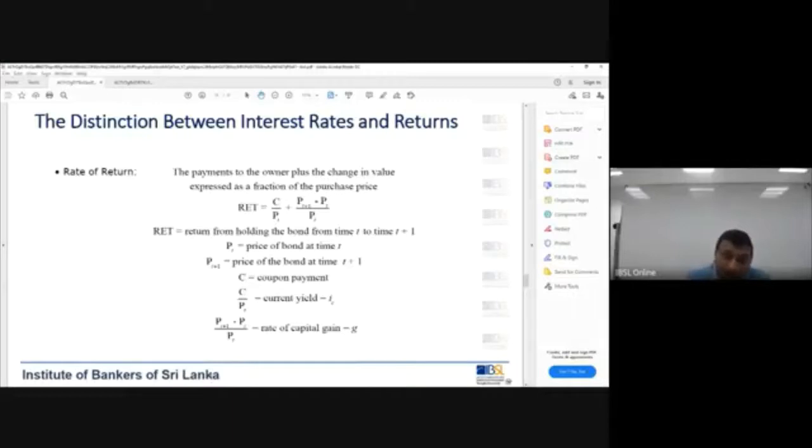So the current return, C over P, plus price value driven return, that is derived from PT plus 1 minus PT, price 1 year from now minus today's price over today's price PT. So that component is also very, very important. And most of the time, any investor who buys a bond of long-term nature would sell in the market when he sees a price or value accumulation to his investment.